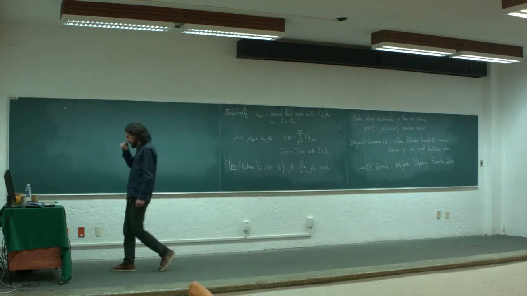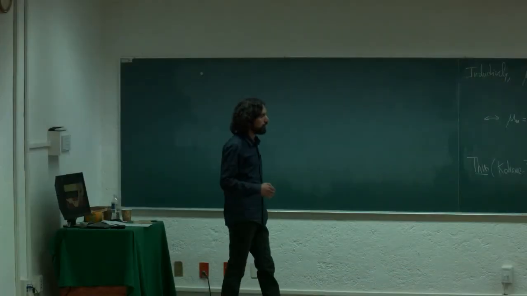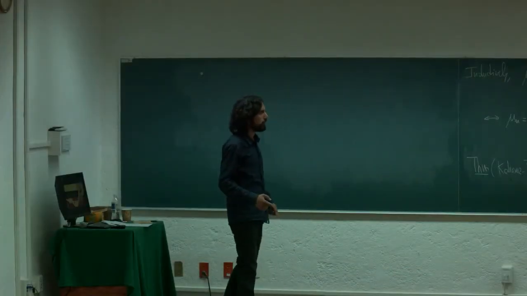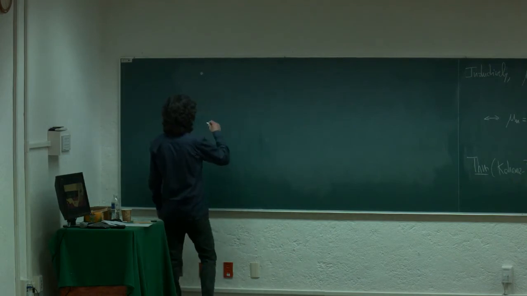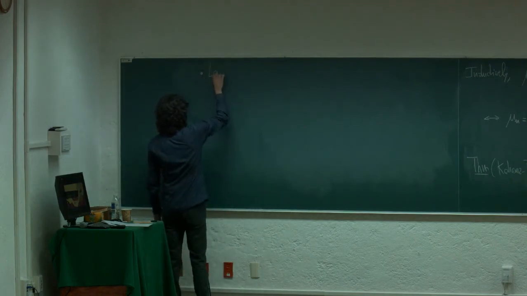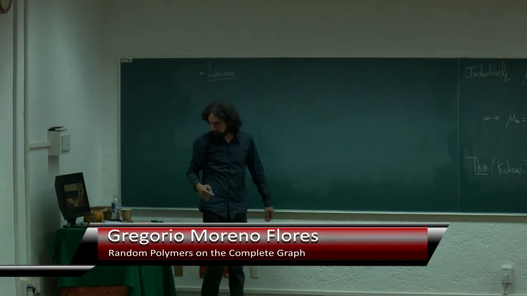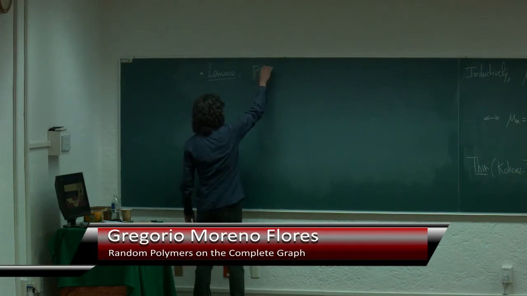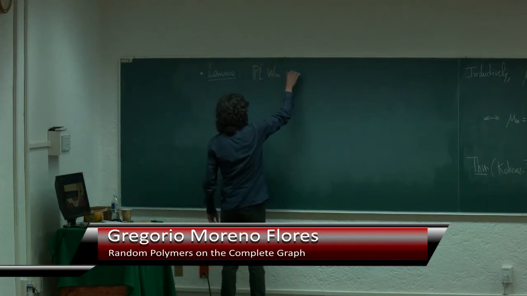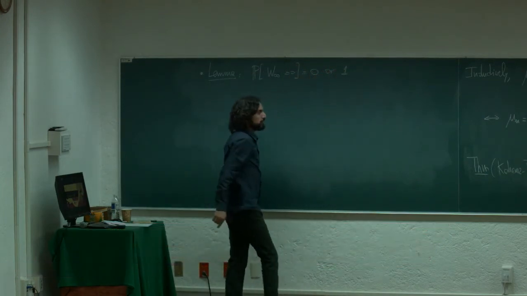So now what I want to show is I want to compute the free energy on the tree. So first I need the following observation. It's a very simple lemma that should not be surprising. It's the 0-1 law I already mentioned.